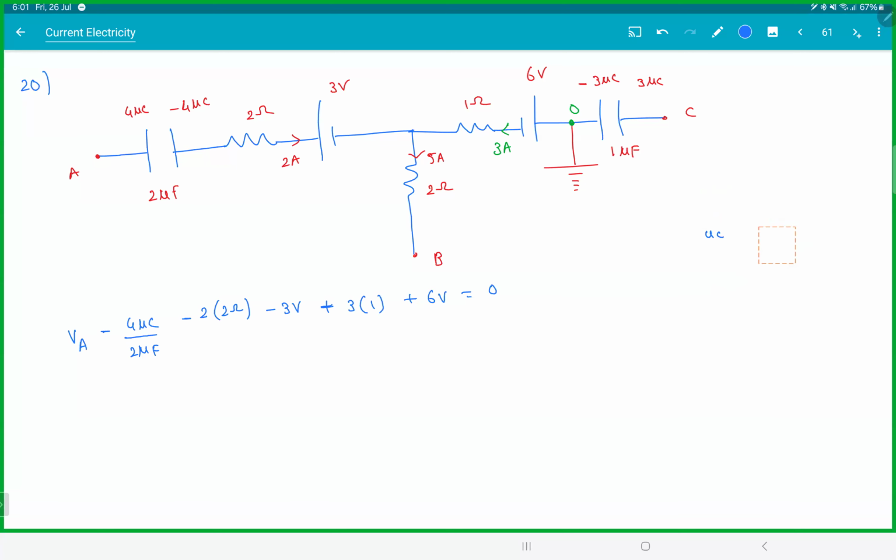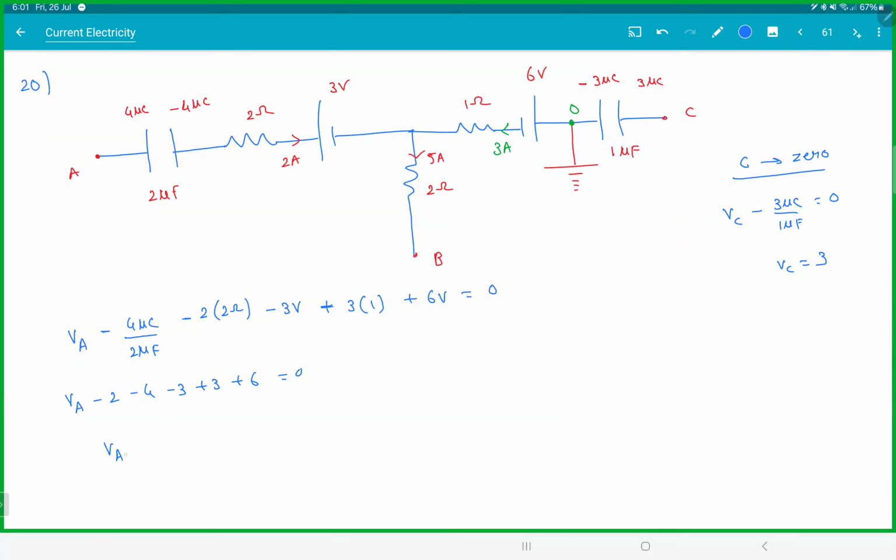I mean, we could have done that also. This is from C to 0. That will be VC minus 3 microcoulomb by 1 microfarad equals 0. So VC is equal to 3. This is VA minus 2 minus 4 minus 3 plus 3 plus 6.